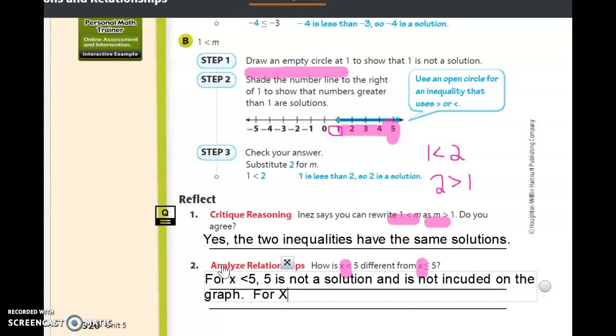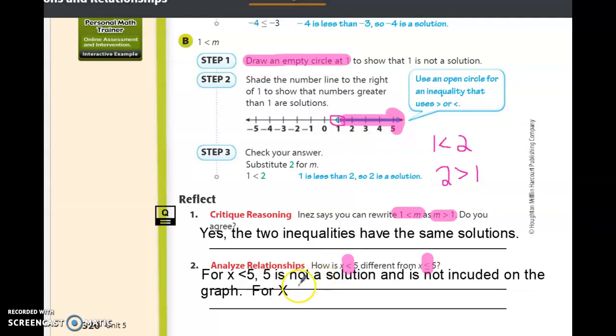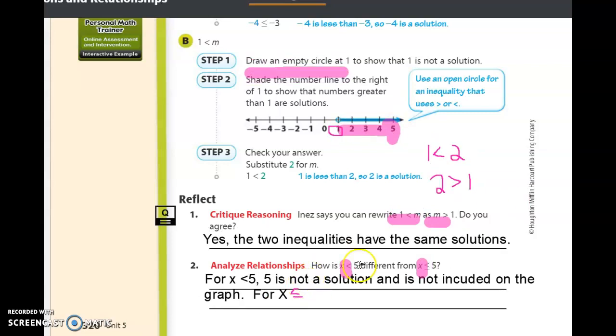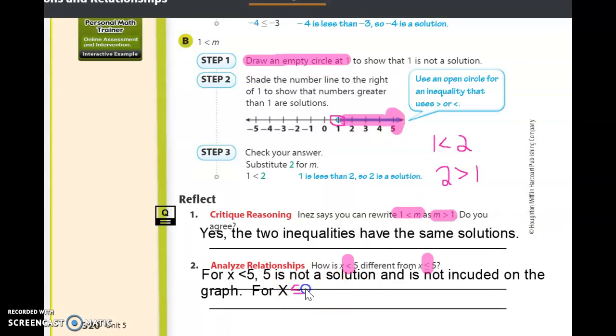For x, and I'm going to have to draw this symbol in, for x is less than or equal to 5. I don't know if this is going to work. I hope it does. I might just have to go back.